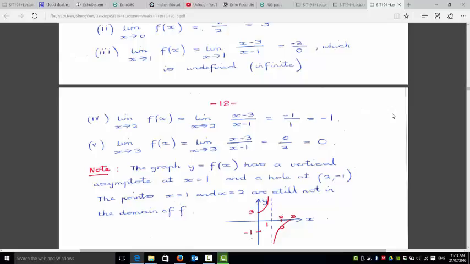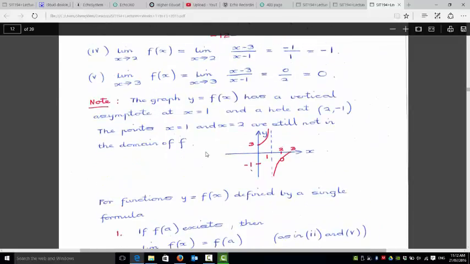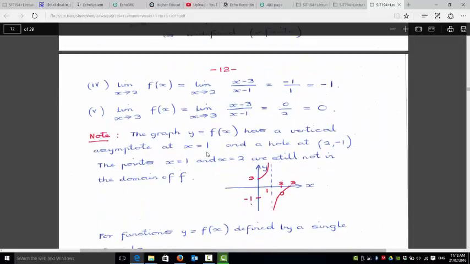And the next one, we want to calculate the limit when x approaches 3. The denominator is okay, but the numerator will become 0, so finally the limit is 0. It's very simple.